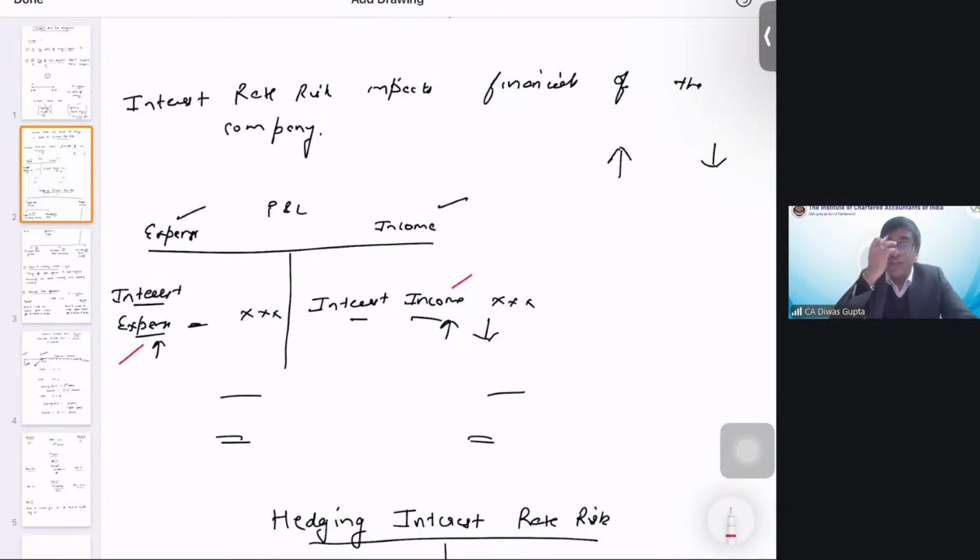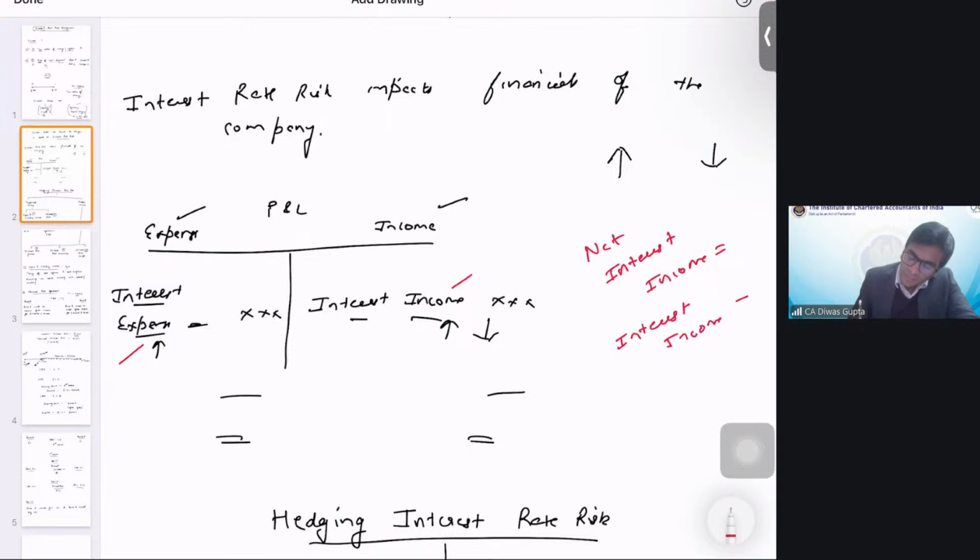On both the income and expenses side, it will impact your interest item. And how do we define net interest income, students? Net interest income is defined as interest income minus interest expense. This is a term much more relevant in the banking sector, where they see what net interest income is being generated.